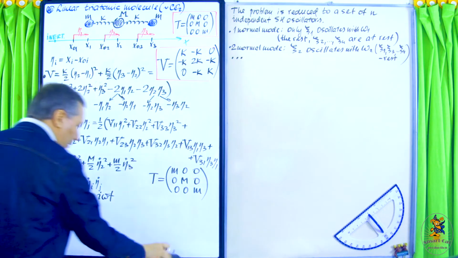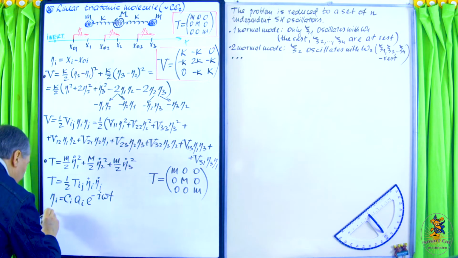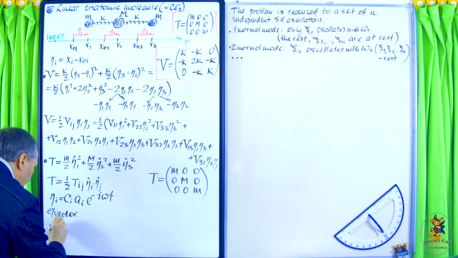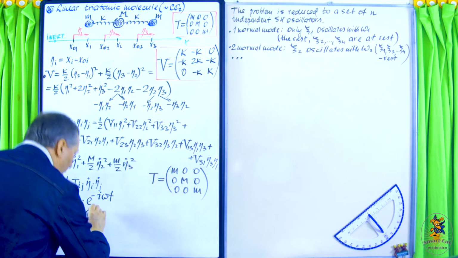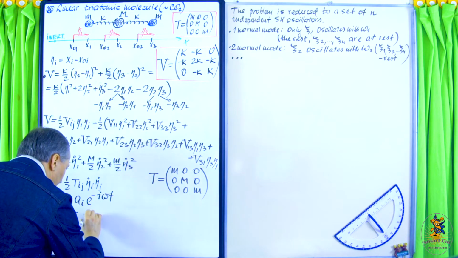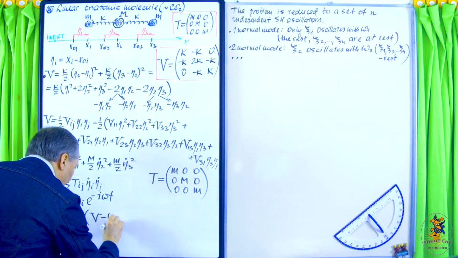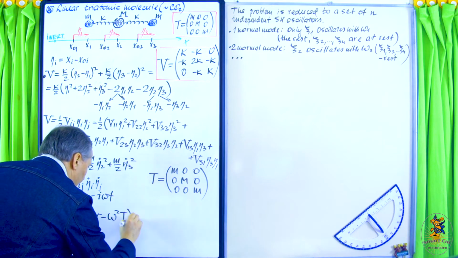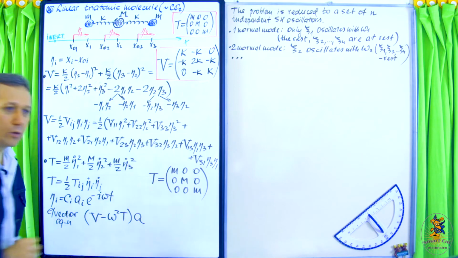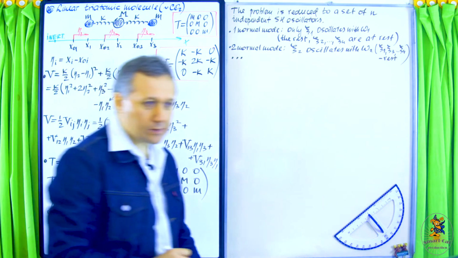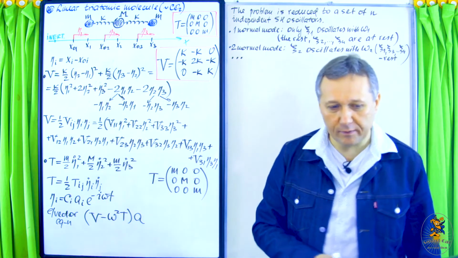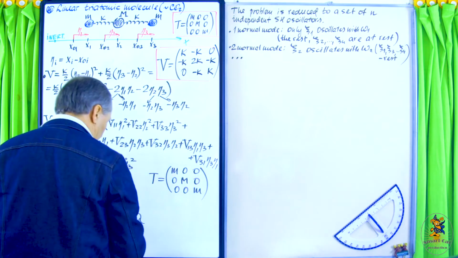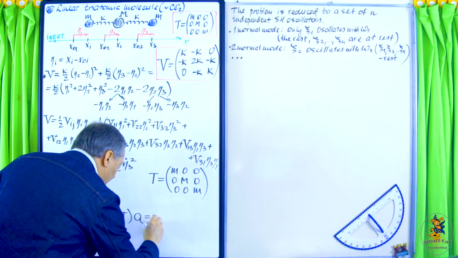So let me write that down immediately. Eigenvector equation I can write immediately. So it will be V minus omega squared T, then column of our amplitudes, basically eigenvector, and equals to 0.